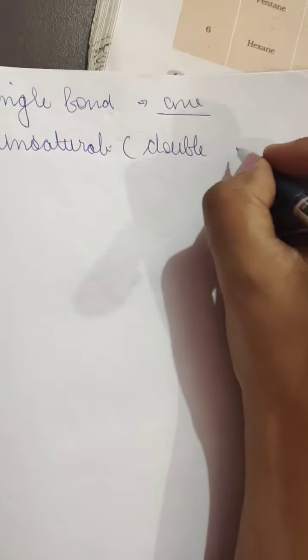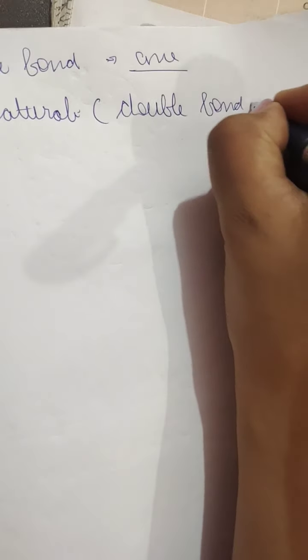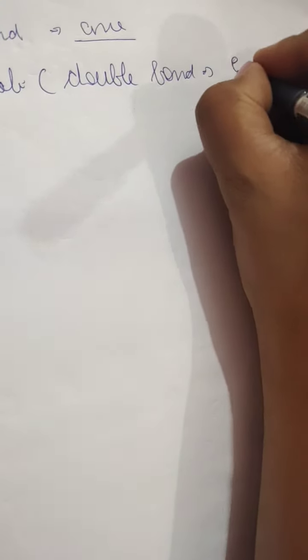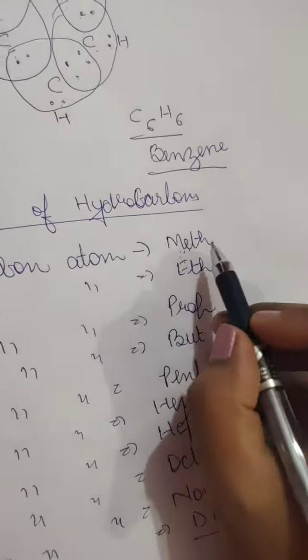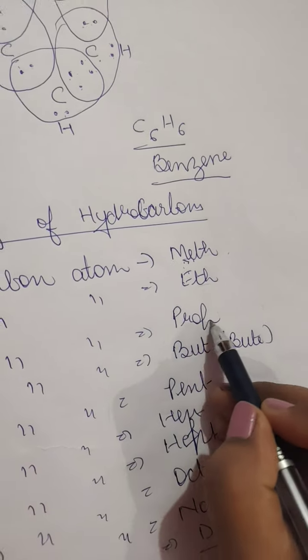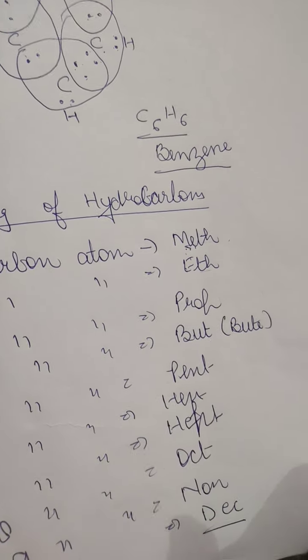But if it is an unsaturated hydrocarbon having a double bond, it will be ene, like methene, ethene, propene, butene, pentene, hexene, and so on.